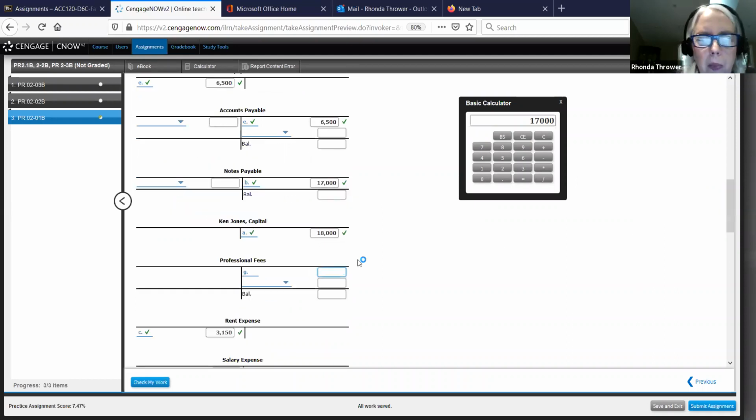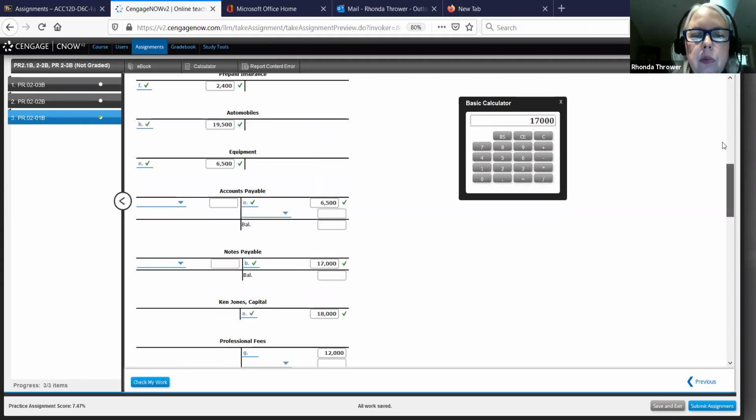Notice that I am putting that $12,000 on the right side, which is the credit side of my revenue account. Professional fees is a revenue account. My revenue is increasing by $12,000. It's going up. So my revenue went up on the credit side.